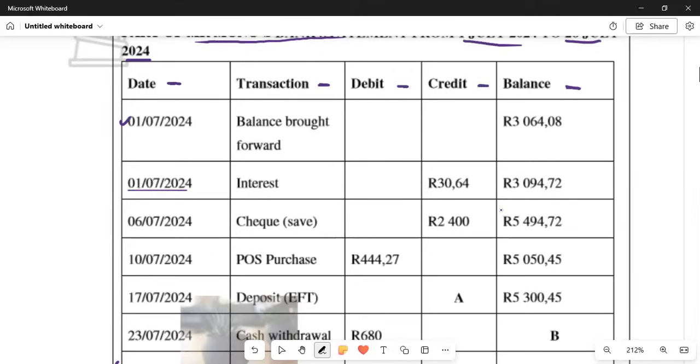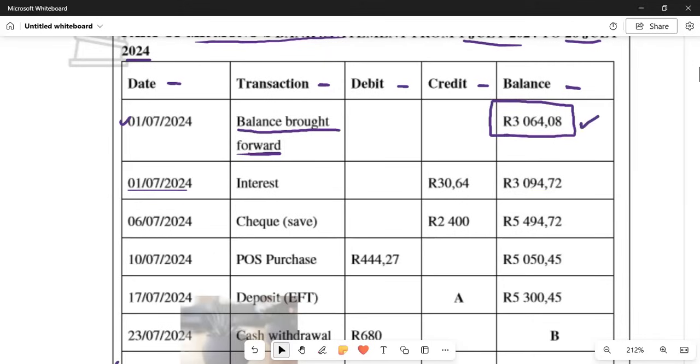This is the balance that was carried over. We are not using that other amount. We are saying on the 1st, the balance brought down, remember, is the one that is forwarded. This is the balance of 3,664 and 88 cents. This is the figure that we must write in words.